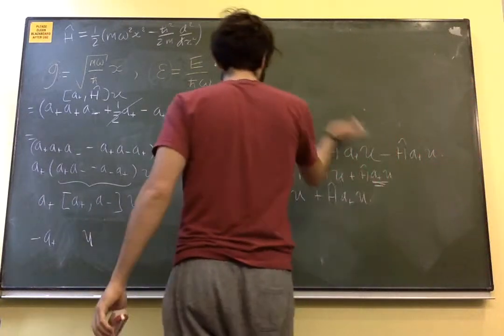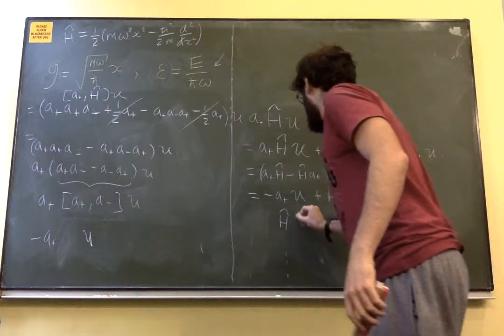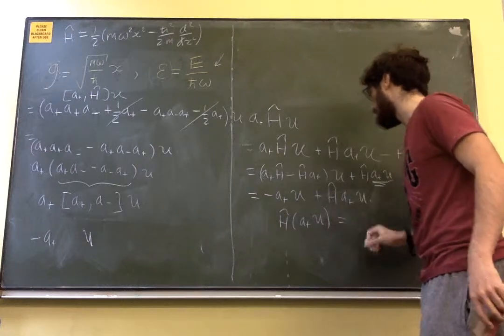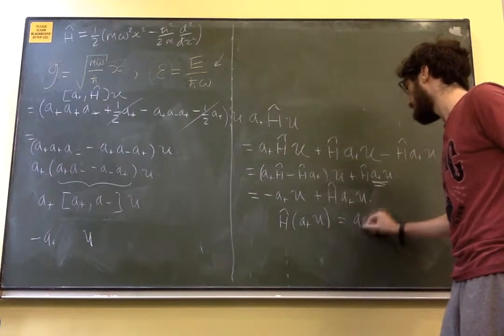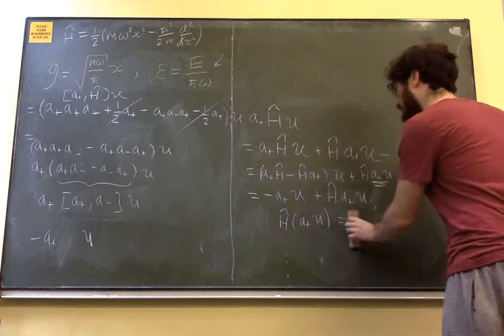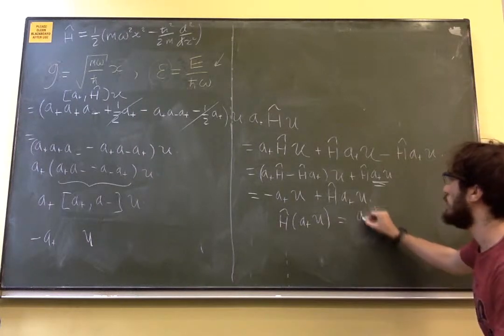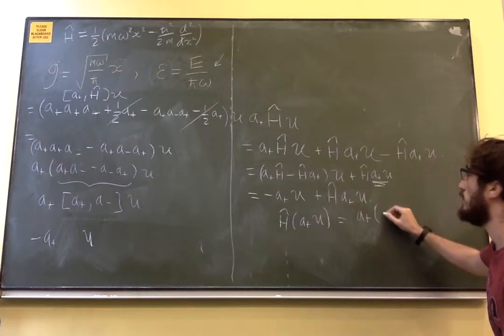Now I send this to the other side and I get h plus epsilon a plus u, which is the expression that we've been seeking all along. It's a plus factored out.